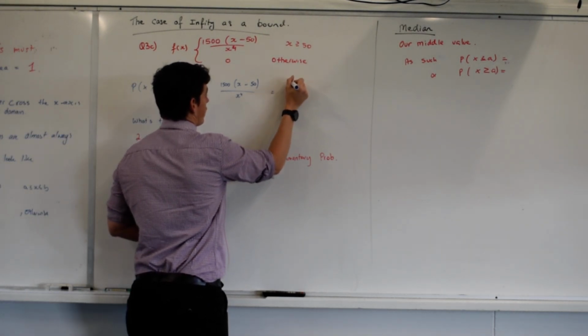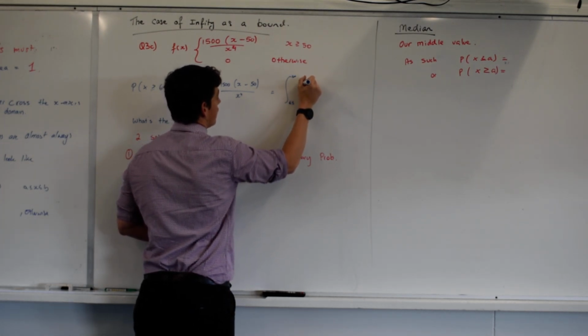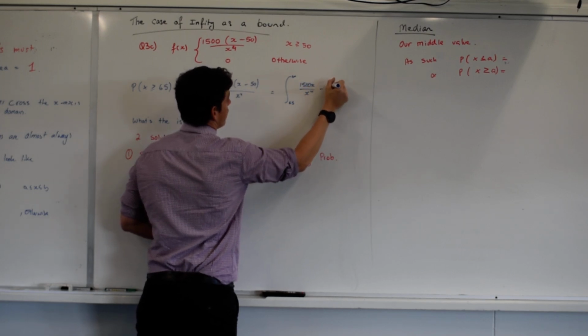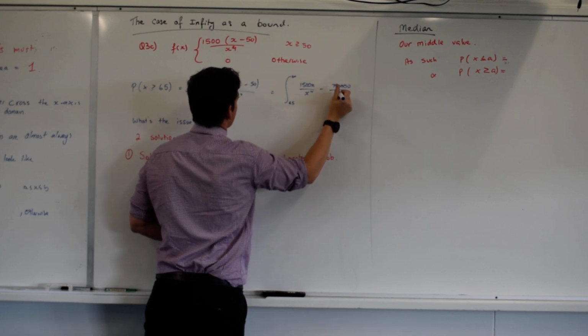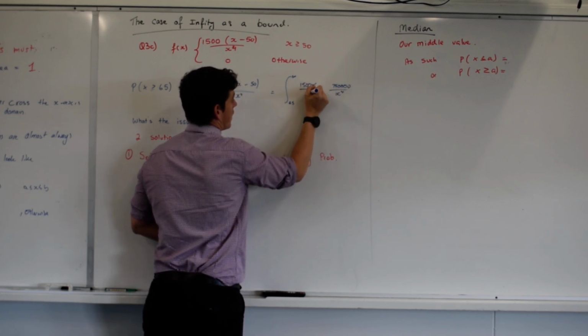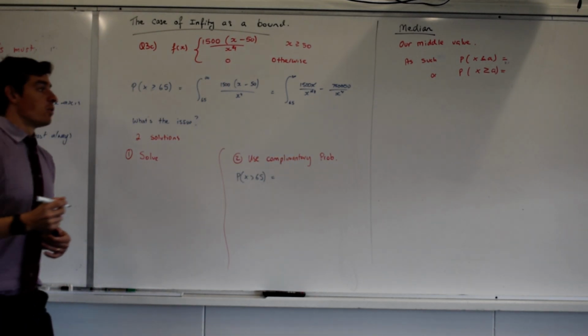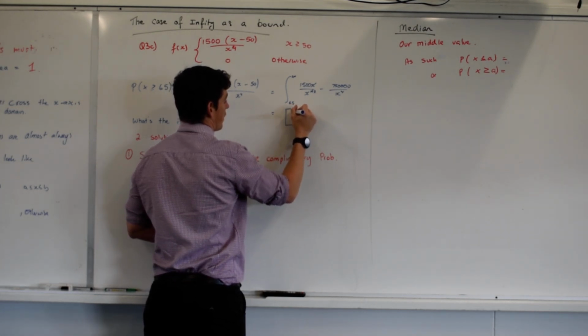I'll just do an equal sign here because I need to. 65 to infinity, 1500 x over x^4 minus 75,000 over x to the power of 4. We cancel that and that. Happy with that?